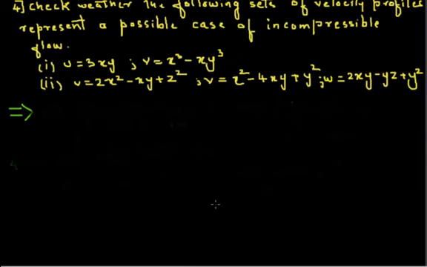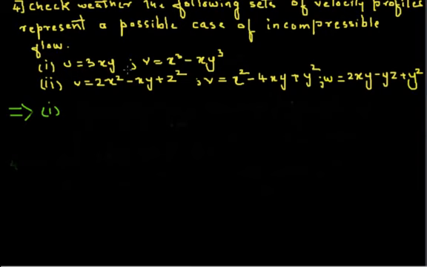In this problem, we want to find out whether these velocity components represent a possible case of incompressible flow or not. So first we will find out the first set. For the first set, velocity components are given in x and y direction, so u and v are given.